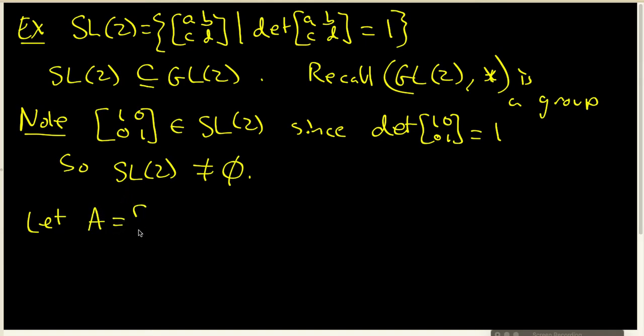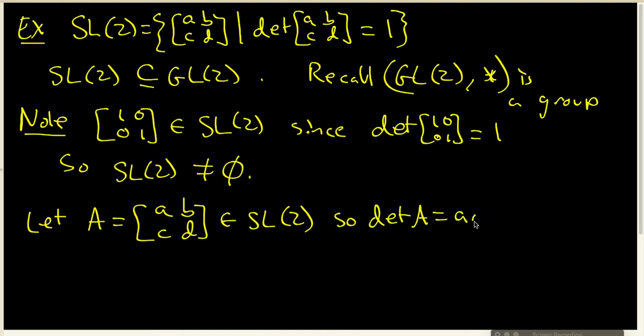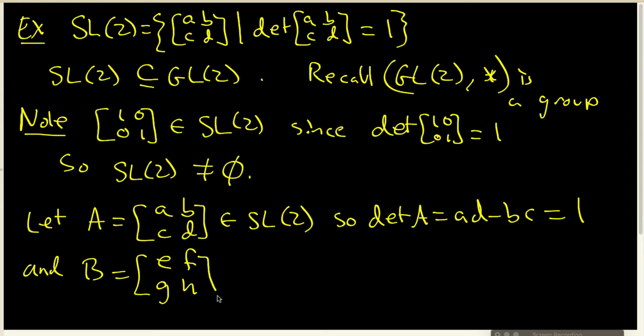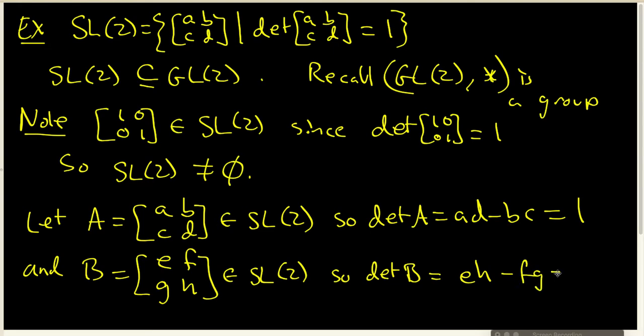I am going to let A be the matrix A, B, C, D, and I'm going to say that it is in SL2. So I know that the determinant of A, which is AD minus BC, is going to be equal to 1. And I'm going to let B be the matrix E, F, G, H, and I'm also going to assume that it is in SL2. So the determinant of B, which is EH minus FG, is also equal to 1.